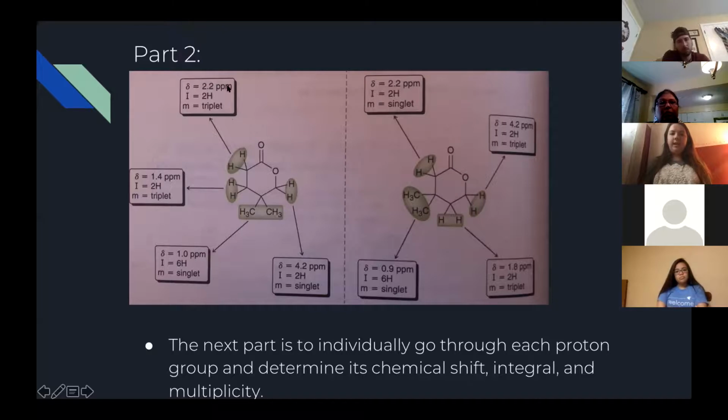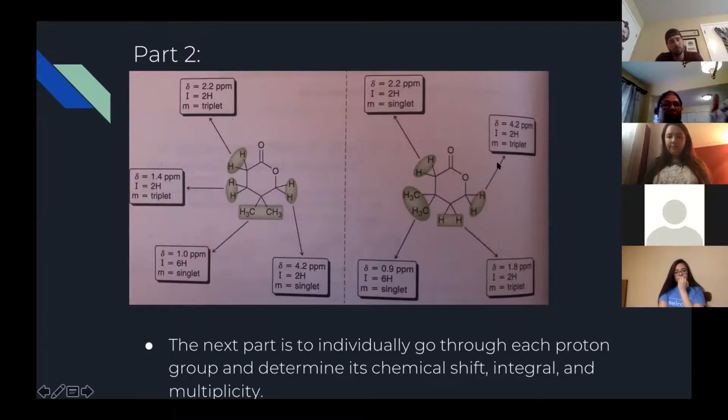The chemical shifts are slightly different for some, but the splitting is definitely different. I don't have it drawn out. You could go through and draw these out, but if you just look at these values, you can already tell enough.